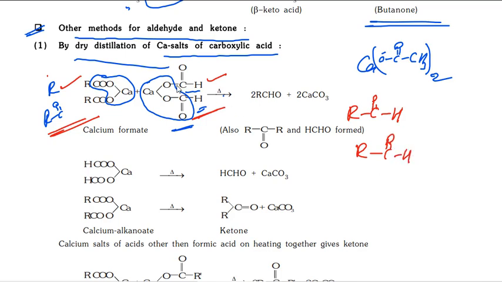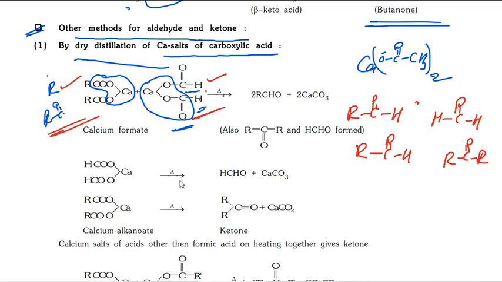Of course, one more possibility is there: formaldehyde, H C double bond OH. One ketone possibility also is there: R C double bond O, then R. See here H C double bond OH, then R C double bond O R. These four possibilities are there.